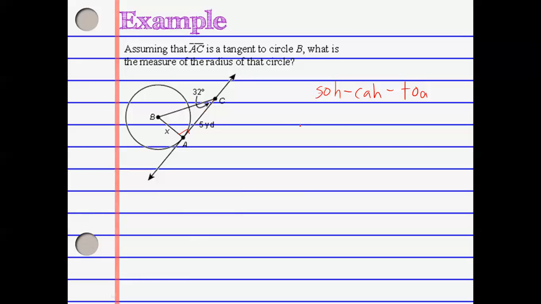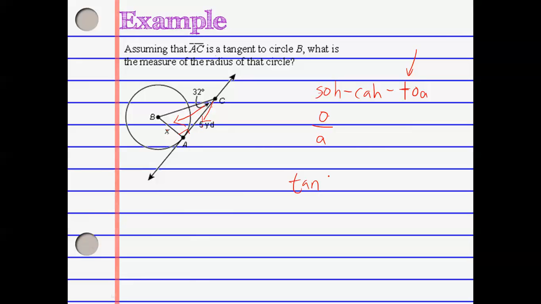The angle is 32 degrees. If we want to find the radius, that's X, which is opposite. The other side we have is 5. 5 is not the hypotenuse, so it must be the adjacent side. Opposite over adjacent means we use the tangent.